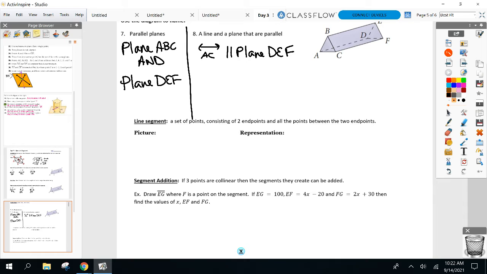So let's draw our first line segment together. It has endpoints. All right, there's a line segment. It ends. It does not go on forever like a line. And we'll just call this A, B. How do I write that mathematically?